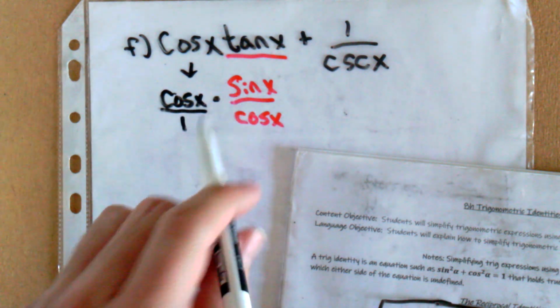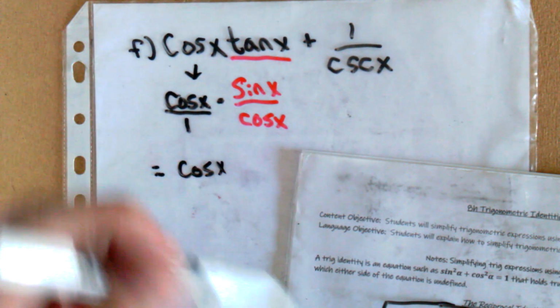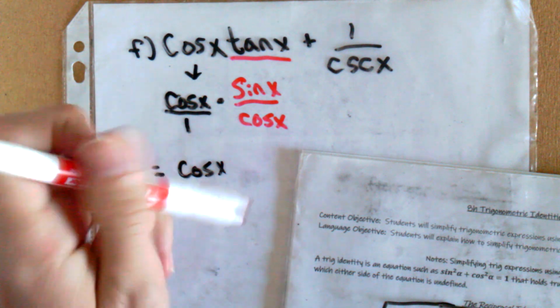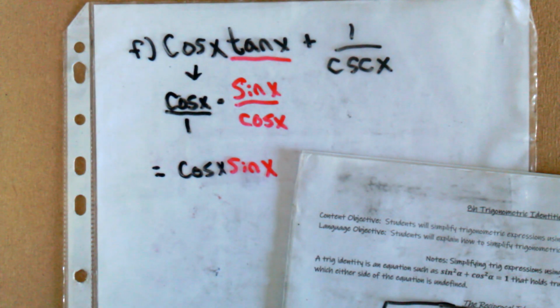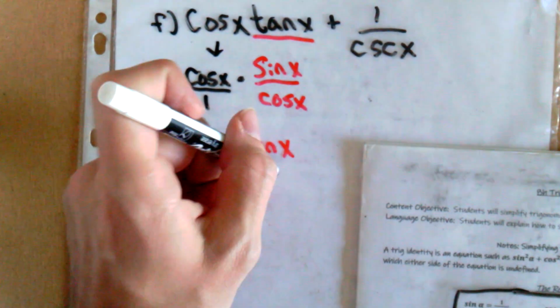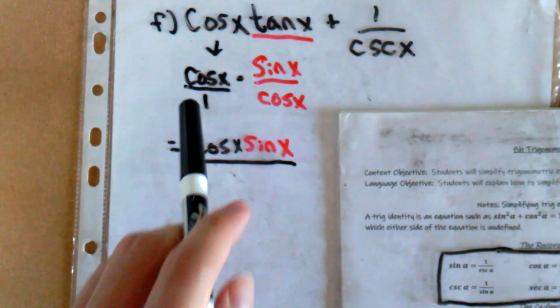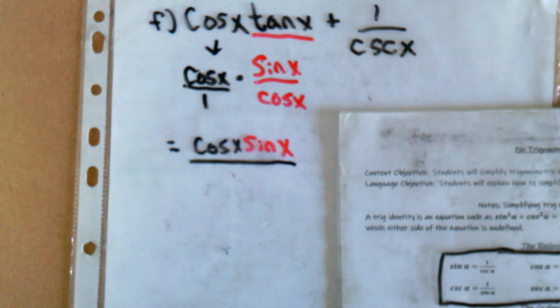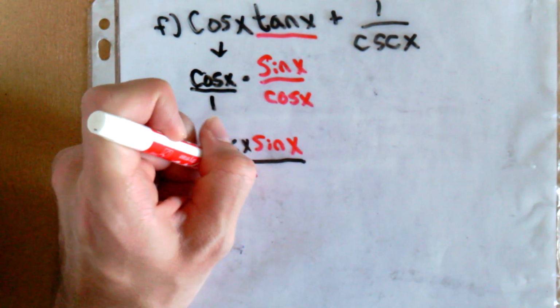So cosine times sine in our numerator, or the top of the fraction, divided by 1 times cosine. That's just cosine. So we have cosine on the bottom, or in the denominator.